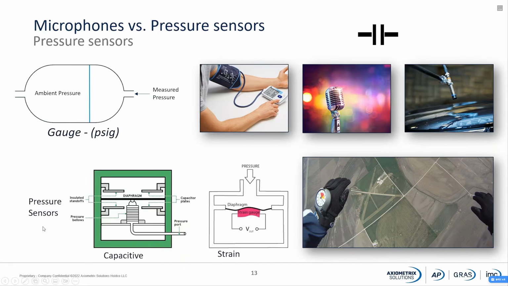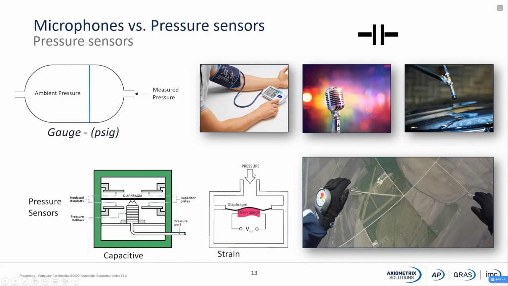There are different sensing mechanisms for pressure sensors, and one is a capacitive way of doing it. This is exactly the same as in a measurement microphone. You have a diaphragm and you have some air gaps to a plate, and there you can measure exactly the same way as a measurement microphone.